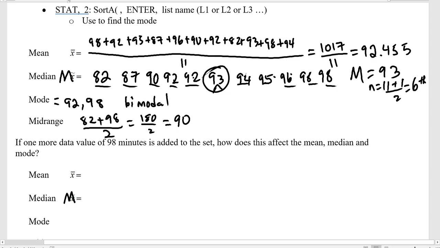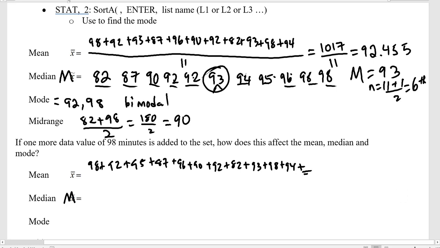Okay, so now it's 98 plus 92 plus 95 plus 87 plus 96 plus 90 plus 92 plus 82 plus 93 plus 98 plus 94 plus our new number 98, all divided by, now there's not 11 numbers, now there are 12.